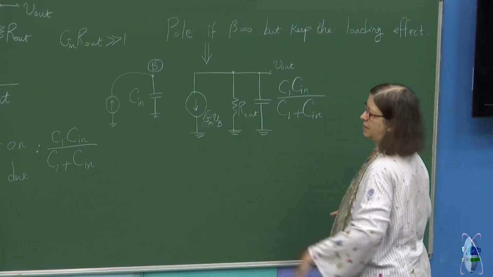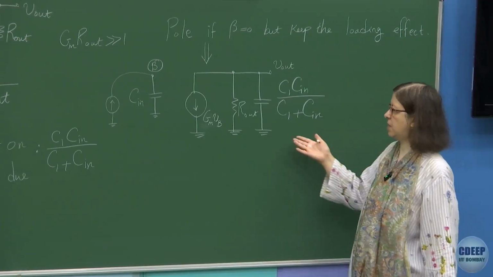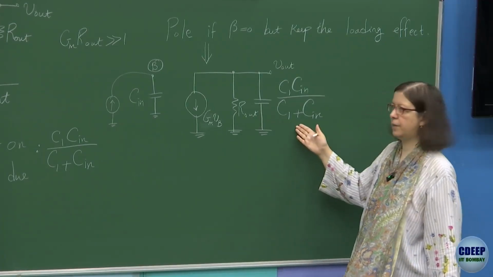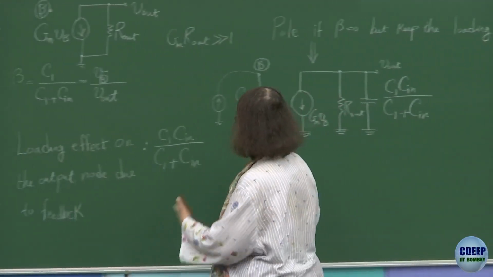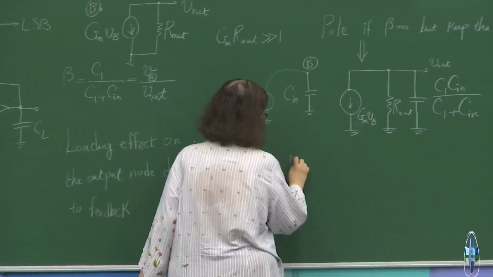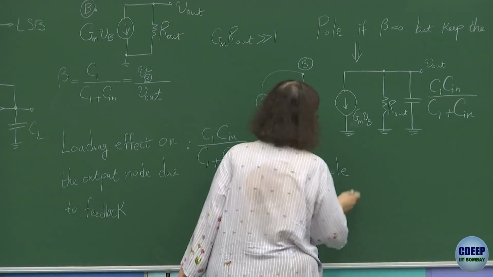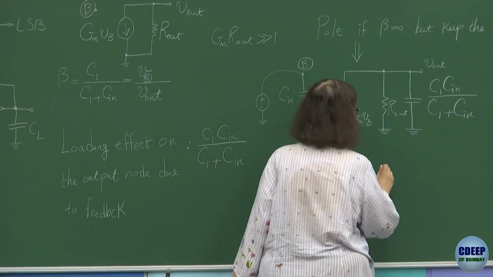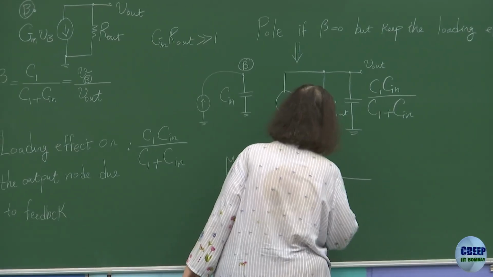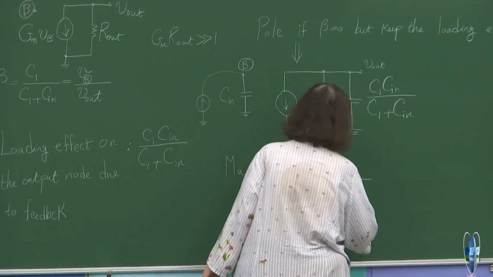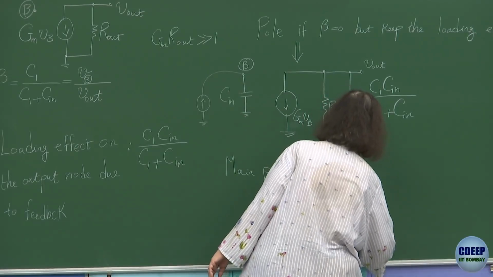That is, anyway, there. But there is one more pole, which is very easy to see here. It's just Rout in parallel with this capacitor. Therefore, the main pole, not s equal to 0, is 1 upon Rout, of course, times C1 Cin upon C1 plus C.